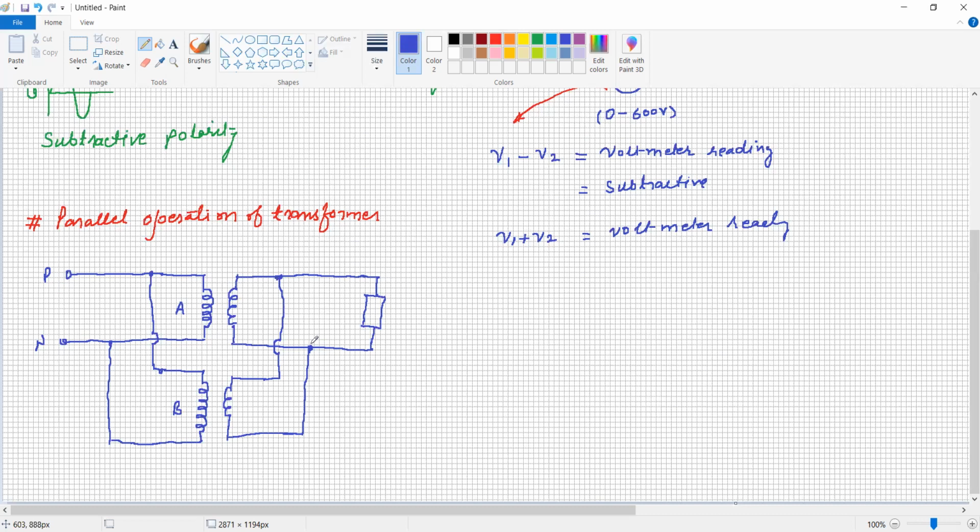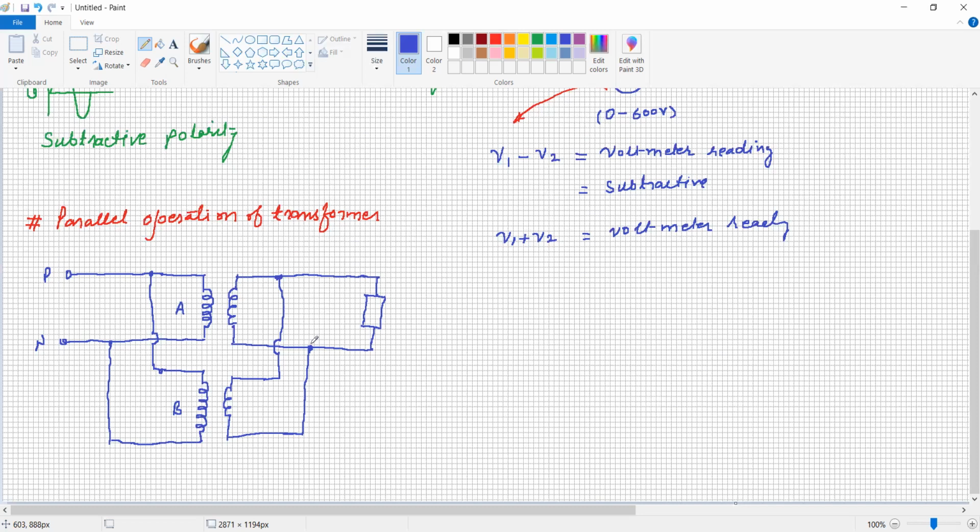If the secondary winding is connected to the common load, then it is called a parallel operation. So parallel operation means the primary winding is connected to the common source and the secondary winding is connected to the common load.